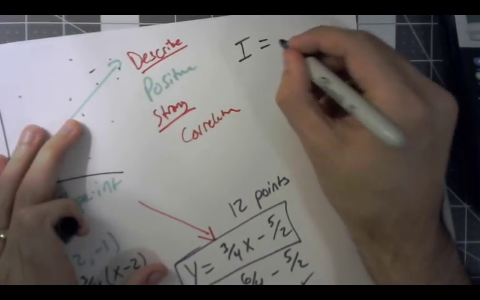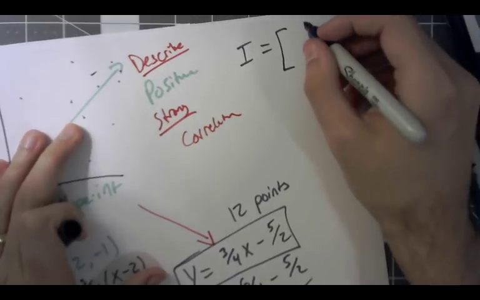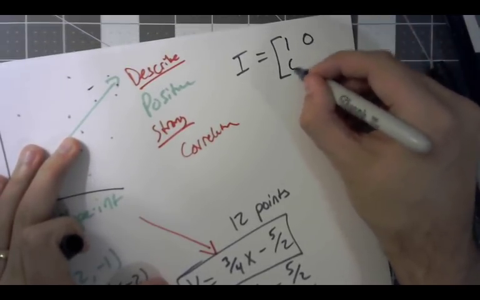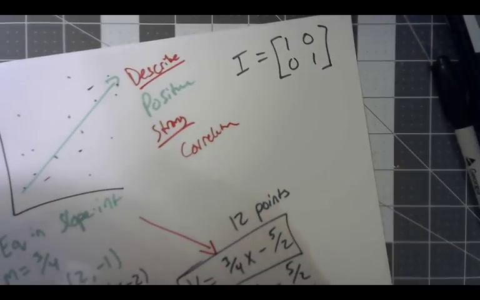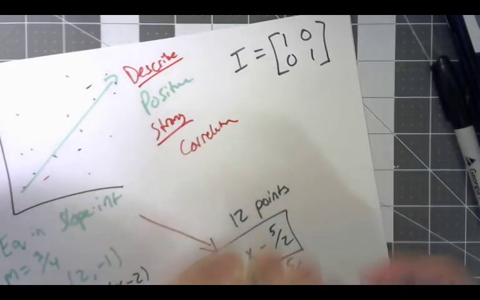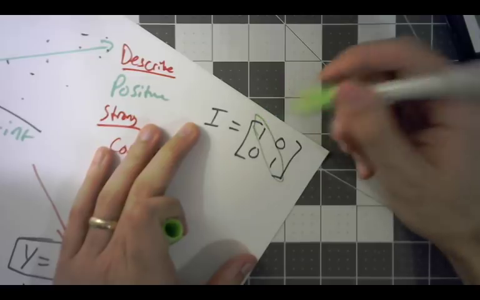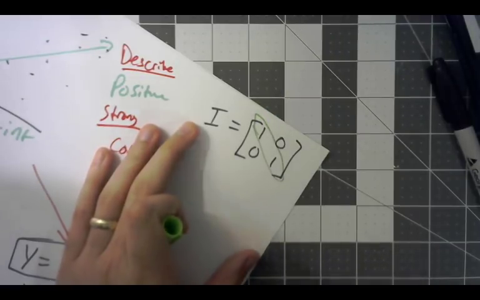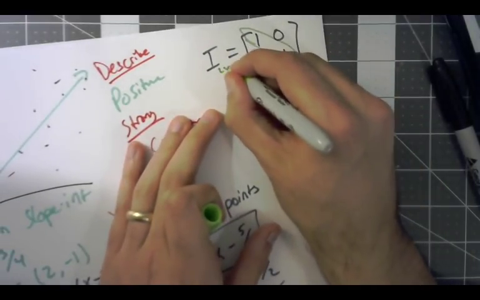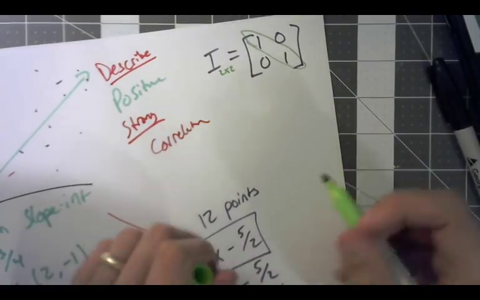They are the letter I for identity, and they are just something like this. The way you do them, no matter what size you want, they're always going to be square. And they always have 1s going down this column. So this is a 2 by 2 identity matrix.